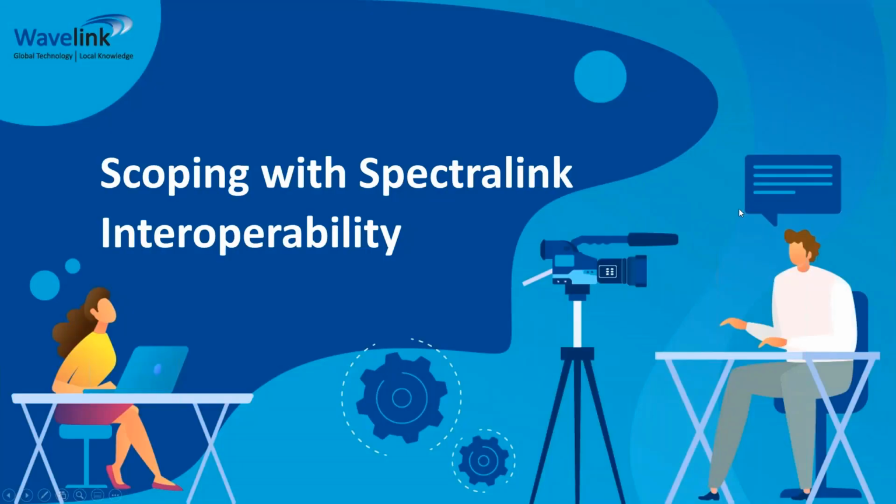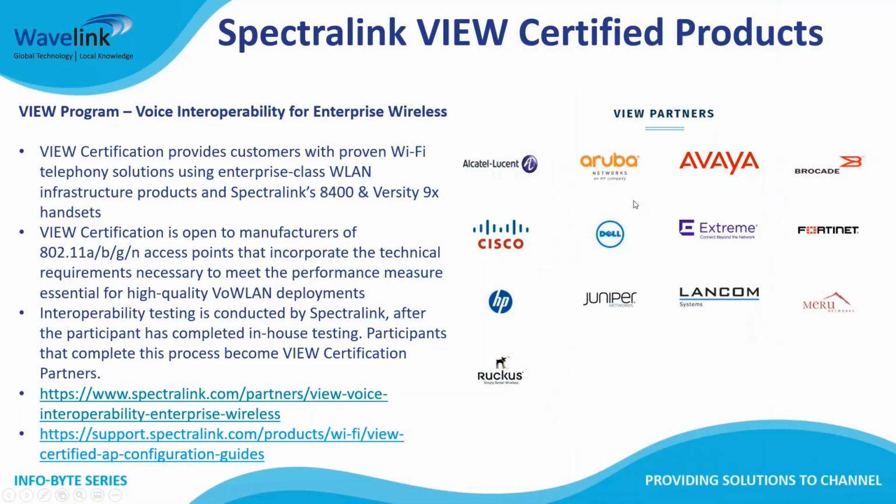Now, scoping and opportunity. This is a really great baseline for any of our partners, bringing it back to basics and understanding what needs to be done and the tools that are actually available to you. Plenty of the time we get asked questions by our fantastic partners about integrating with a Wi-Fi network.